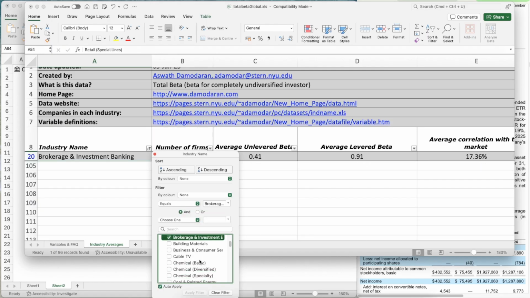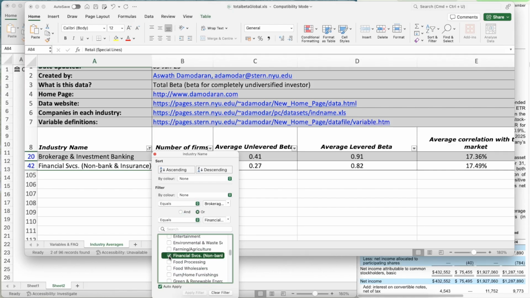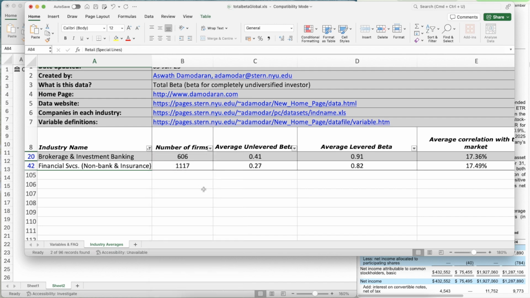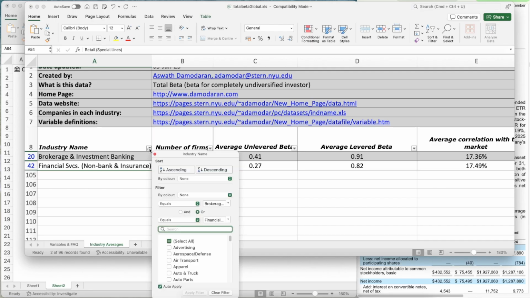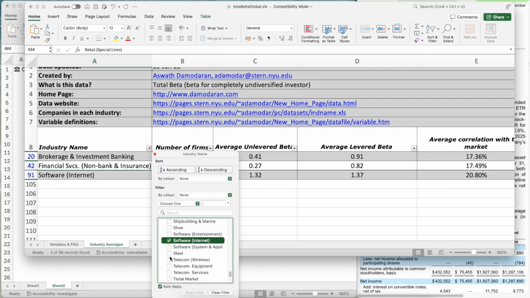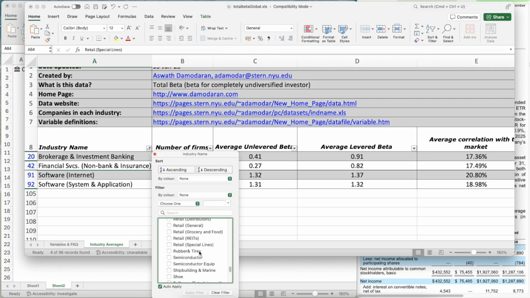This one, brokerage and, I think it's these two. Financial services, non. Yeah, let's do that. I wonder if there's anything else we can put it as. Software maybe, but yeah, let's try that.